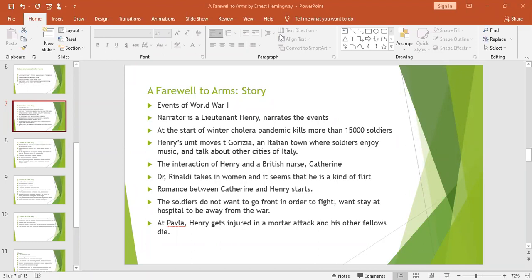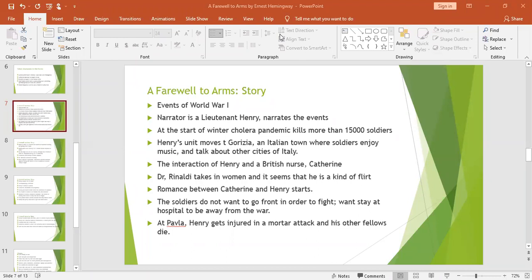Basically, the soldiers don't want to fight, and sometimes they go back, and sometimes they go to other places where they can enjoy. They play music, play cards, and drink too. So this is the situation, and soldiers basically don't want to fight, but as you know, they represent their country, so there must be loyalty from their side.